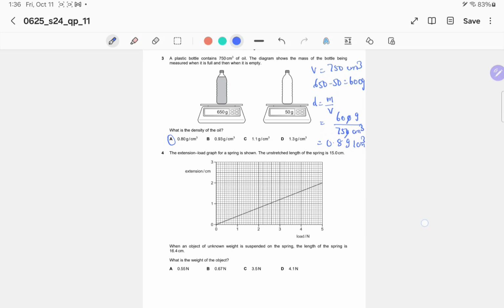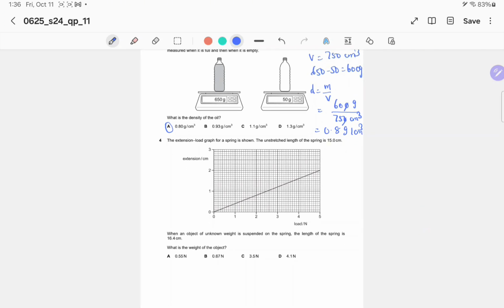Next question. This is an extension load graph, and the unstretched length of the spring is 15 centimeter. When an object of unknown weight is suspended on the spring, the length of the spring is 16.4. What is the weight of the object?